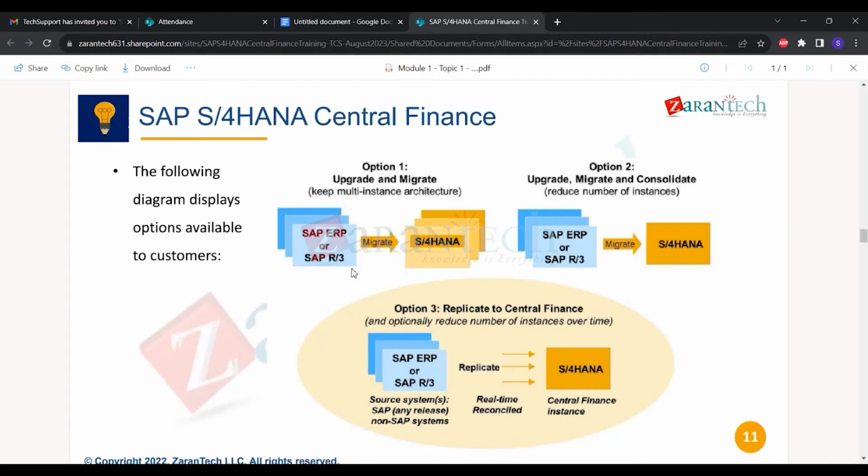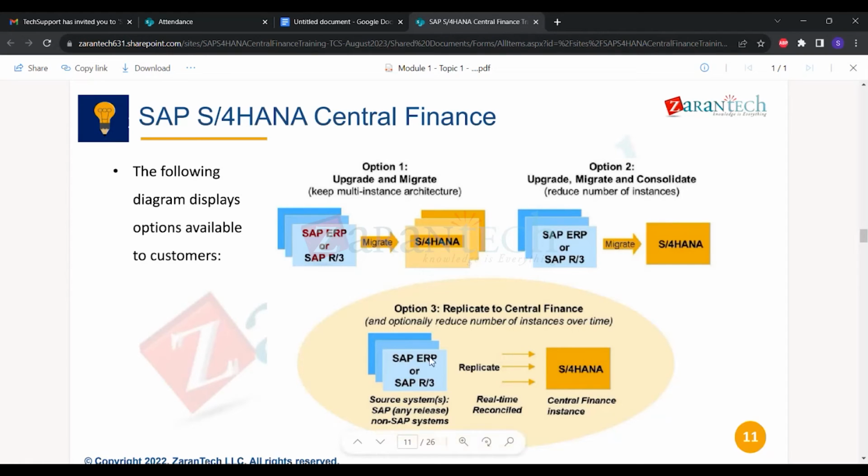They can migrate from SAP S4 HANA, SAP ERPs, SAP Business One, and non-SAP ERP systems also, to one separate S4 HANA central finance instance.